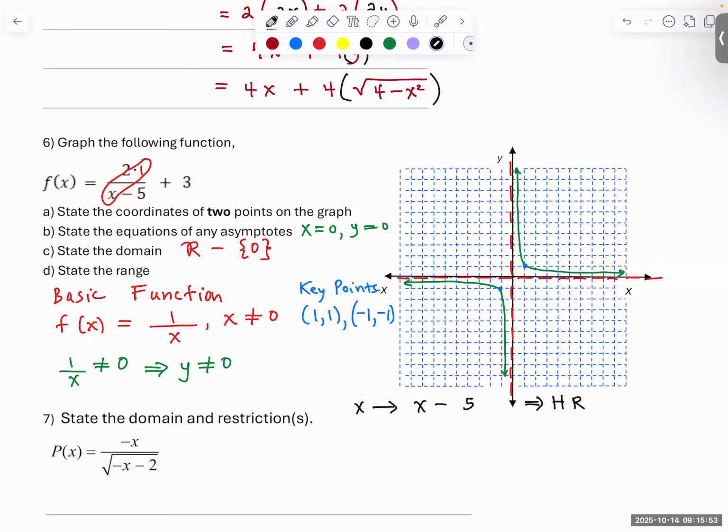So the vertical asymptote now will be at +5. 1, 2, 3, 4, and 5. So here's the new vertical asymptote at x equals 5.